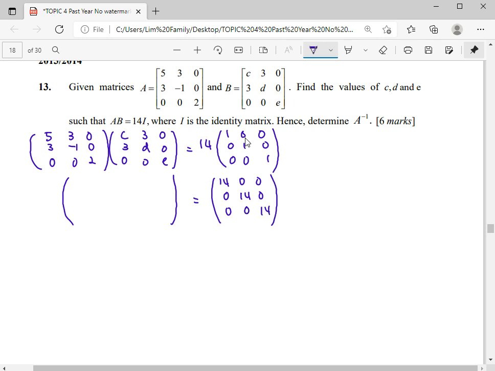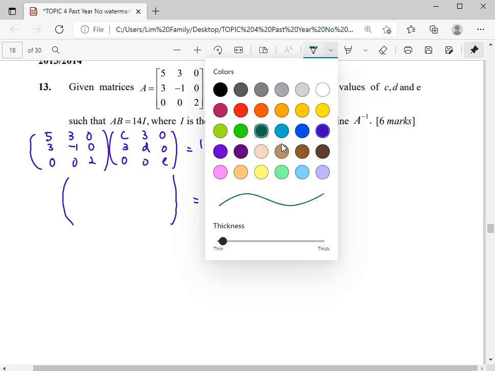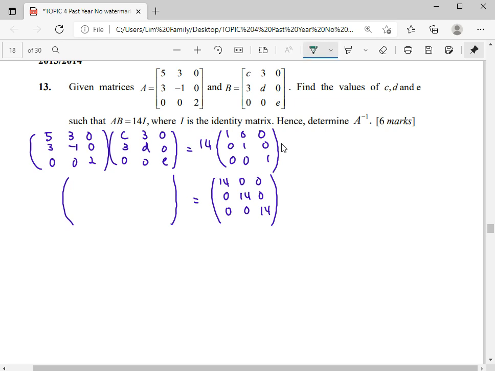So how do we do that multiplication? If you want to see it easily, we use box multiplication.